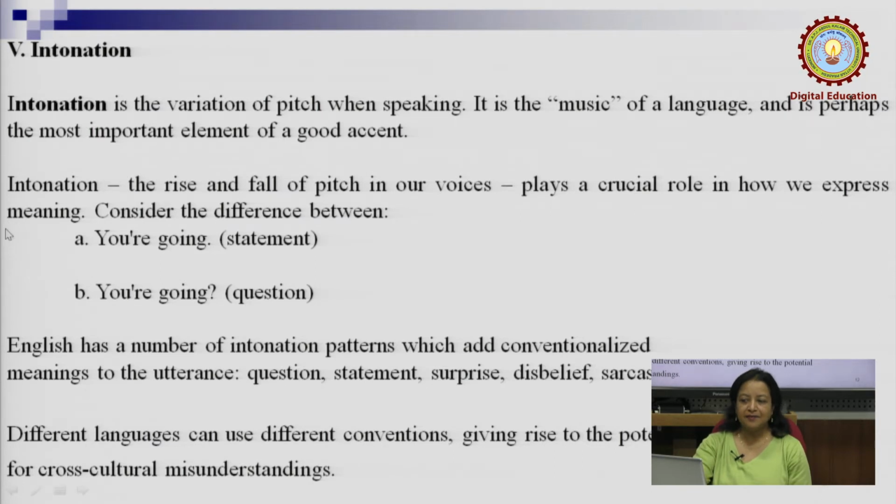English has a number of intonation patterns which add conventionalized meanings to utterances like questions, statements, surprise, disbelief, sarcasm, teasing. People have a tendency to think of intonation as being directly linked to the speaker's emotions.